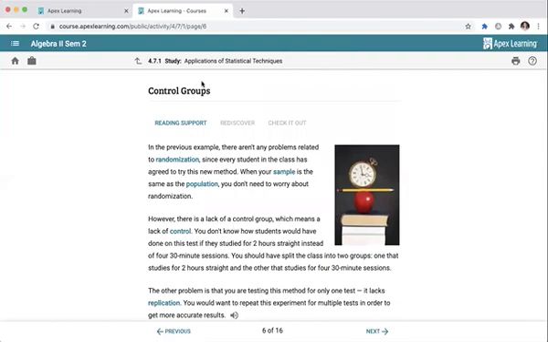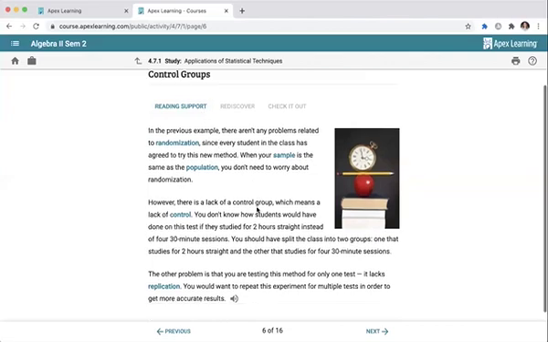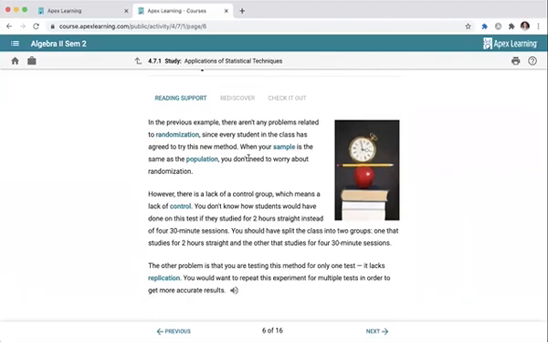So of course, then if they had no control group, right? There was no control group. Okay. And because there's no control group, there's no randomization, since every student in the class was asked to try the new method. Okay. And I love this. When your sample is the same as the population, you don't need to worry about randomization. Okay.